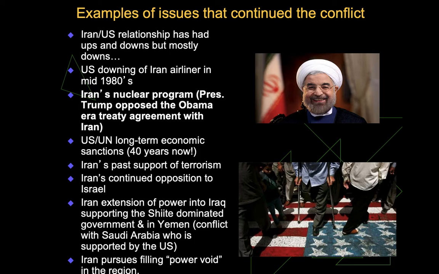The same year that the Shah was overthrown, the nation of Iran and Iraq went to war with each other and fought a long conflict of about 8 years in length, in which more than 1 million Iranians and Iraqis died. We'll talk about that conflict a little bit more when we discuss the nation of Iraq.